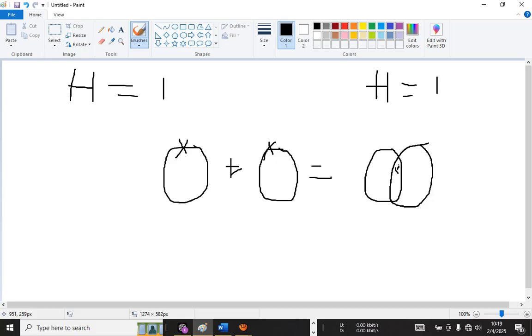That one is for the first hydrogen, and this one is for the next hydrogen. Remember, now they are sharing these two electrons. This means that the first hydrogen atom will have two electrons, and this one will also have two electrons.